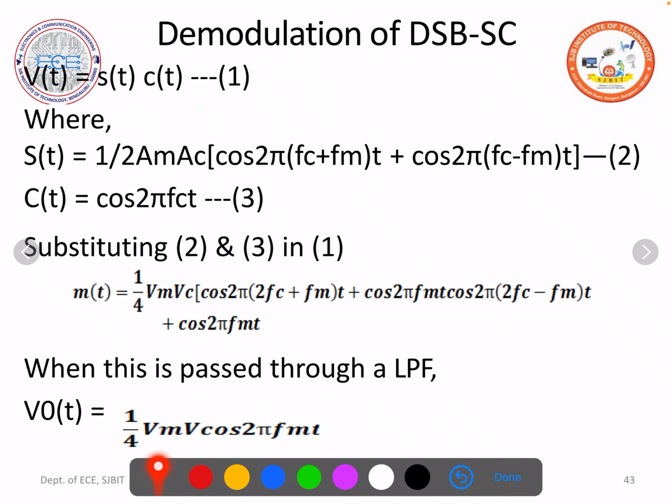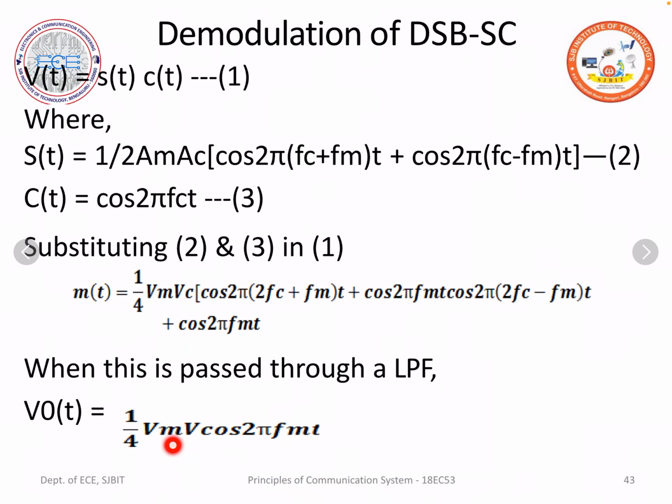Then again, it contains certain unwanted terms. If you pass it through the low pass filter, it removes the high frequency component, and the output you get is v out of t.